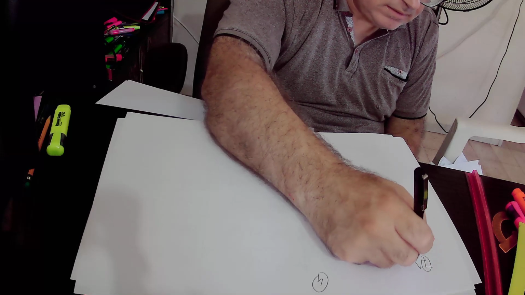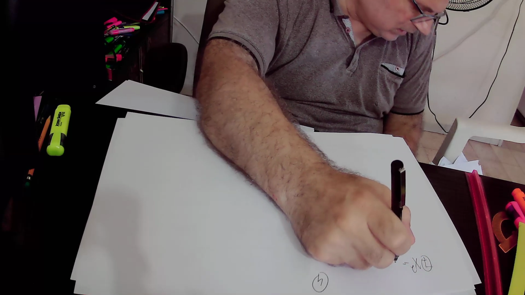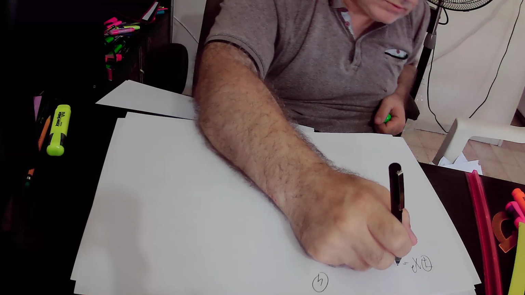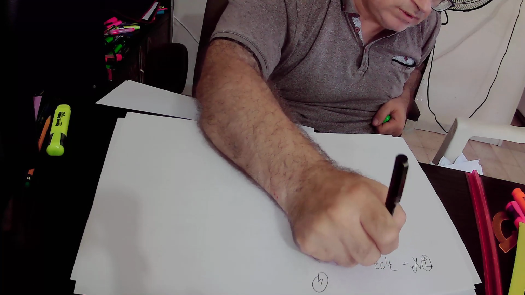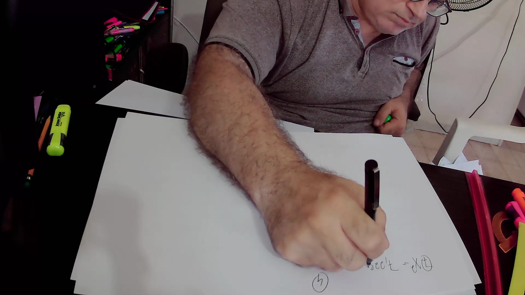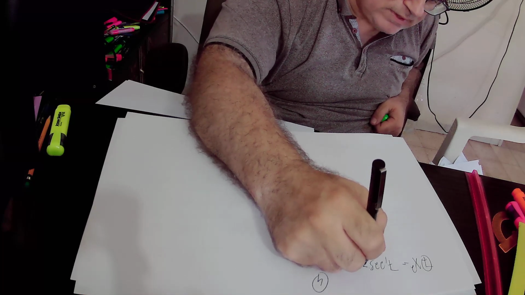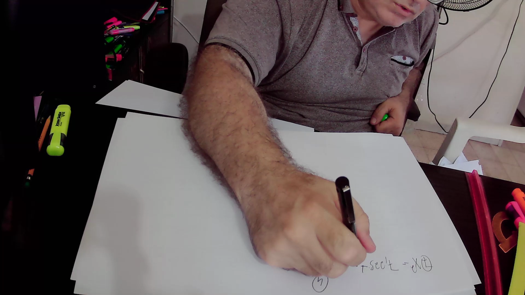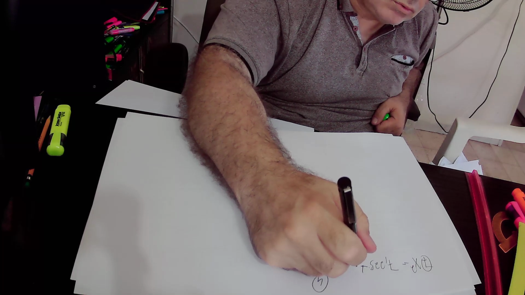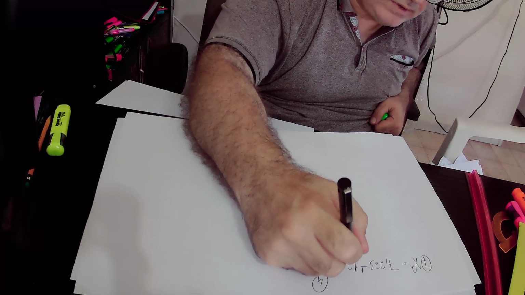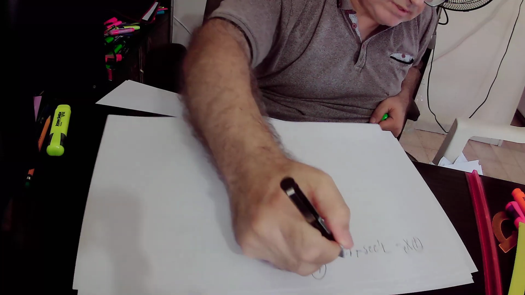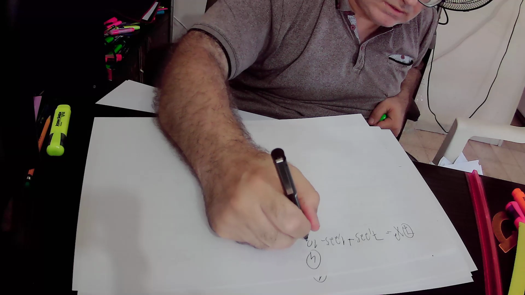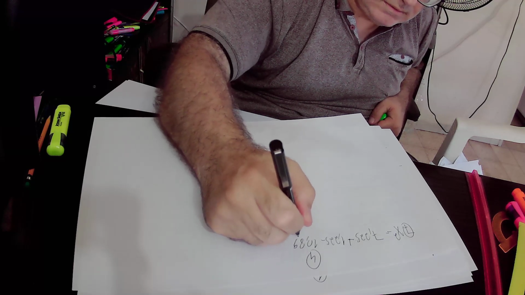x squared equals 85 squared. 85 squared equals 7,225, plus 35 squared, that is equal to 1,225, minus 33 squared, that is 1,089.